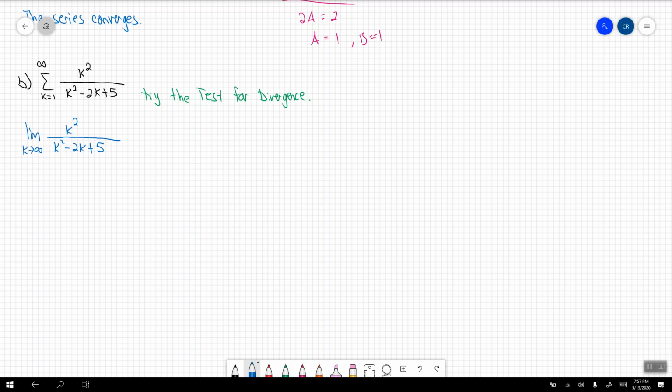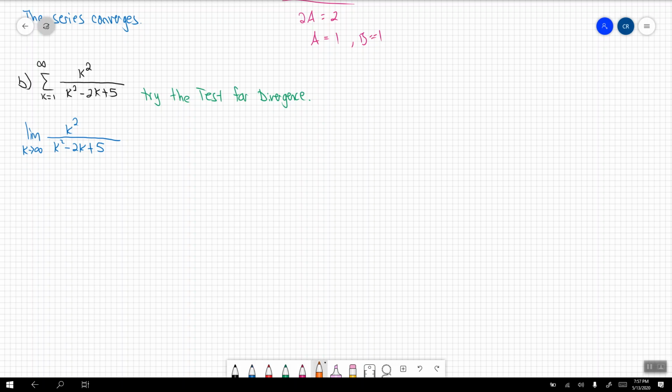It says you must test the limit of the explicit function that you're analyzing within that series, and if the limit as that function goes towards infinity either does not exist or is not equal to 0, then the test for divergence applies. So that's all we have to get, is that this limit must not be equal to 0 or it must not exist.